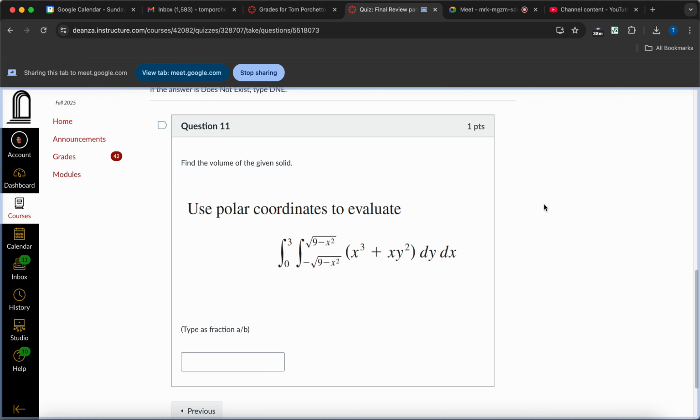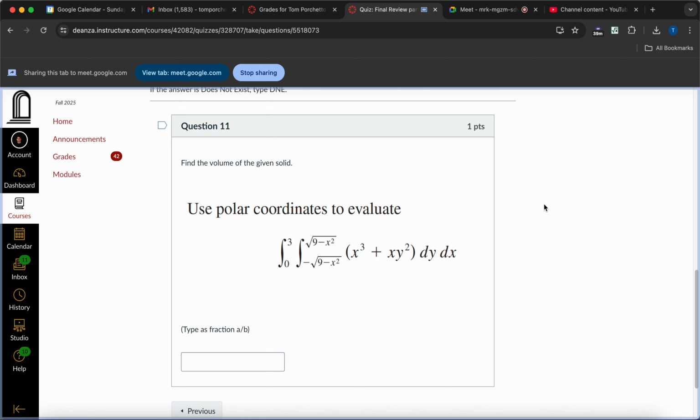So for the 11, we are also using polar coordinates to evaluate. So when we find that in terms of polar coordinates, the lower limit and upper limit for theta will be negative pi over 2 to pi over 2. And then the lower limit for r would be 0, and the upper limit will be 3.